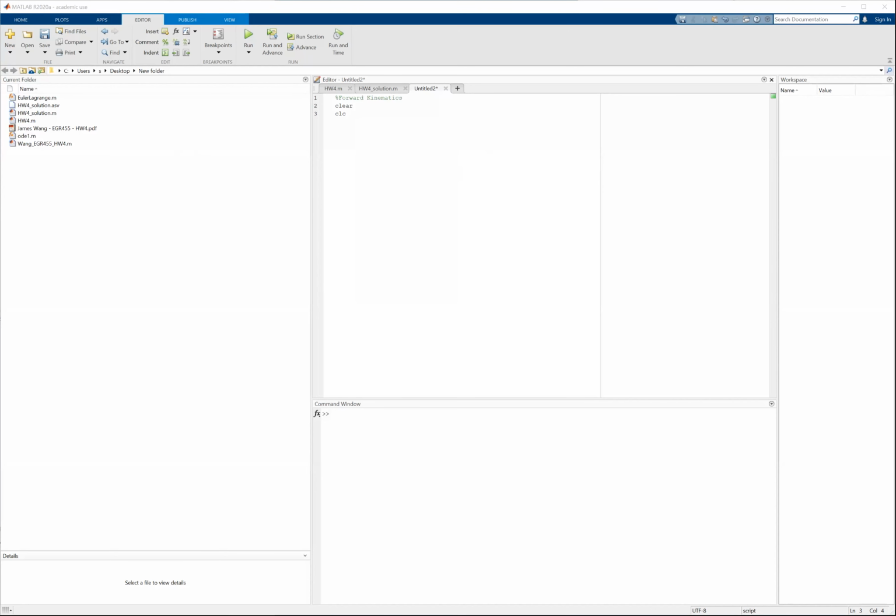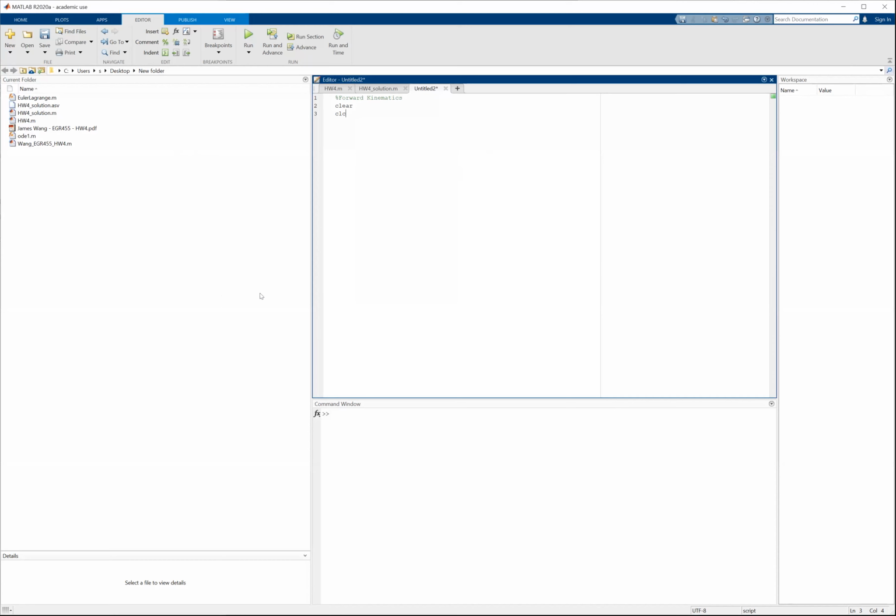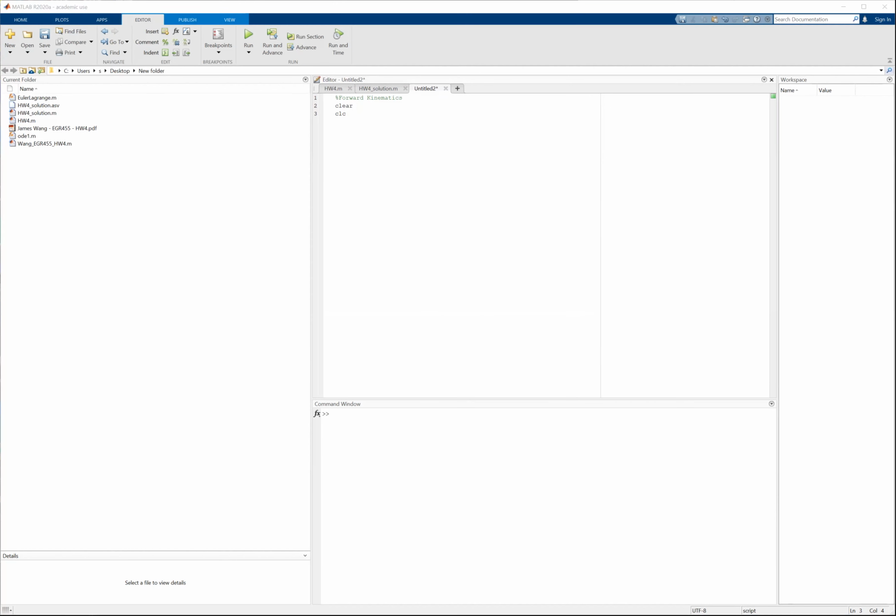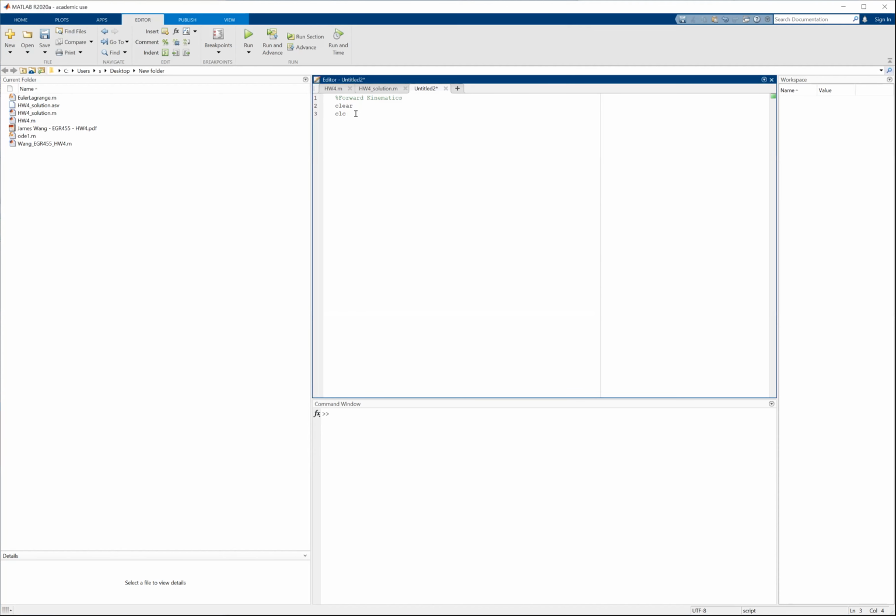This is just to clear the MATLAB screen and windows, to make sure that there are no residual variables. In this problem, there is theta 1, theta 2, theta 3. Then I have theta 1 dot, theta 2 dot, and theta 3 dot.